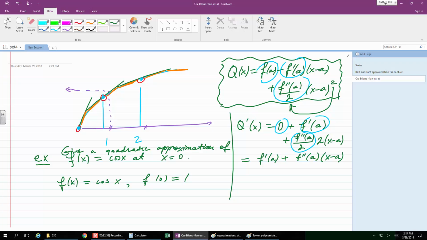Okay, what is the second derivative of our quadratic approximation? F prime of a is, yeah, the derivative is 0, right. And so what we're left with, now we differentiate the second term, what do we get?